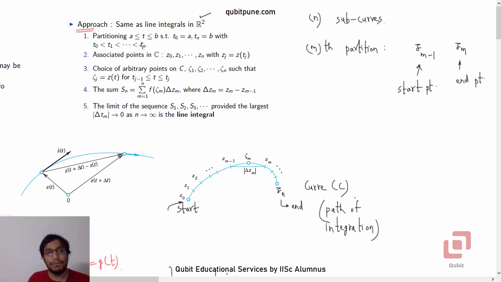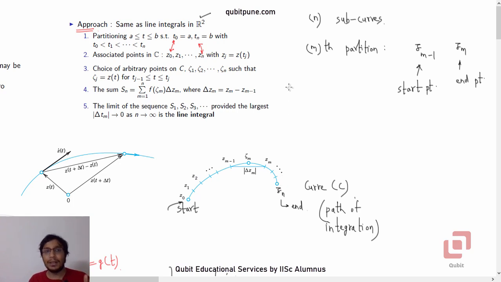Which means we will consider z0 to be the point on the complex plane where the parameter value is t0, and we will consider the parameter value tn associated with the last point of the path, which is the point zn here.